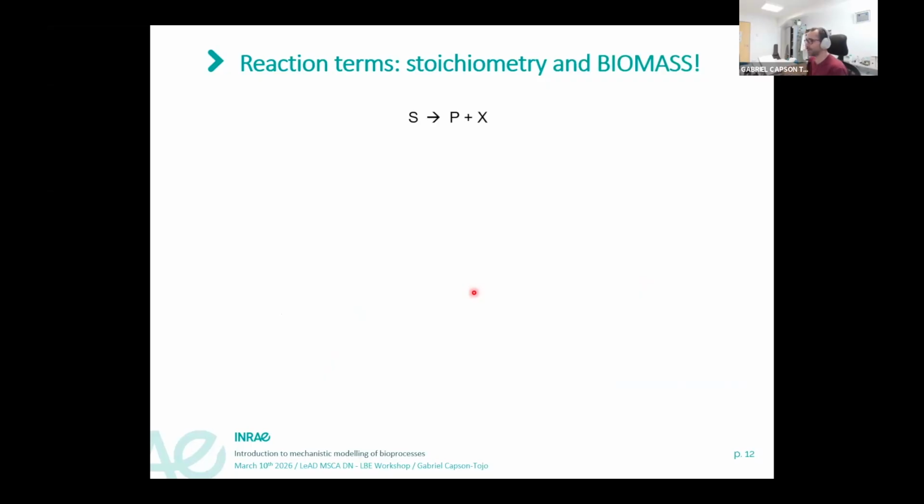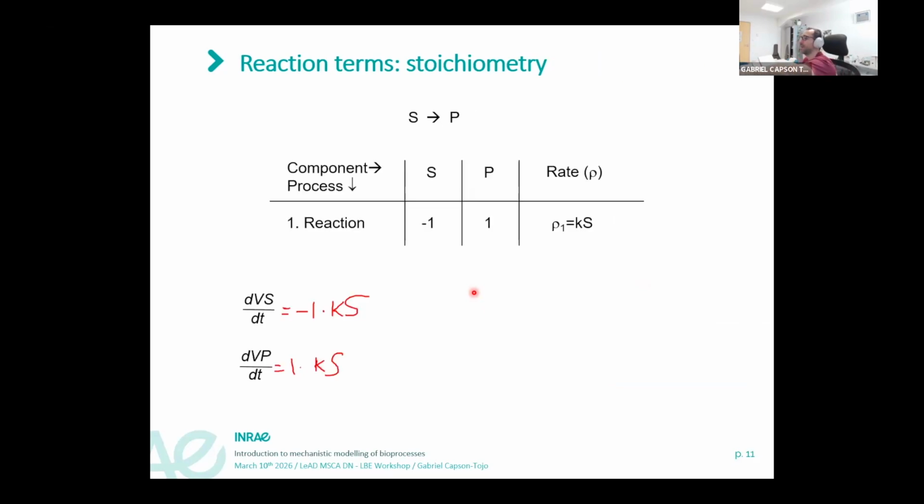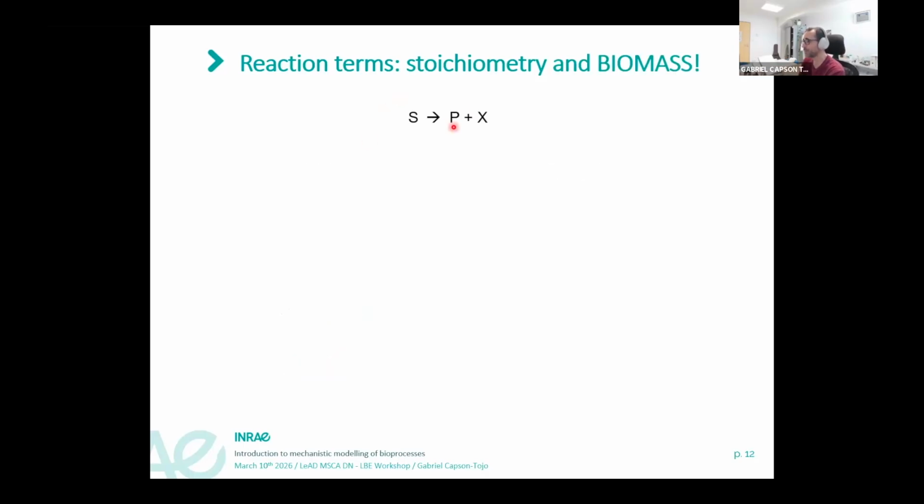What happens in biology is that, at some point, I guess you already realized, biological reactions generally complicate things. Mostly if you have mixed systems, if you have S that becomes P, this reaction here, but this is performed by a microorganism, of course, you have the biomass growing.